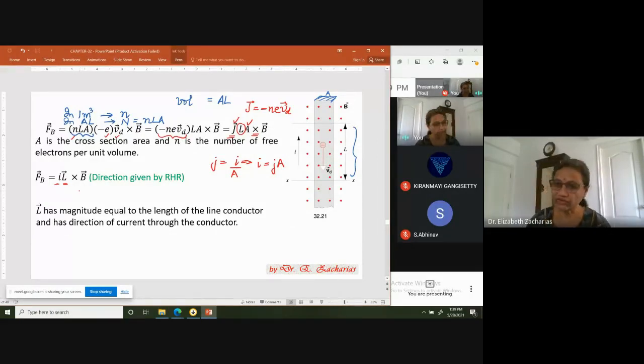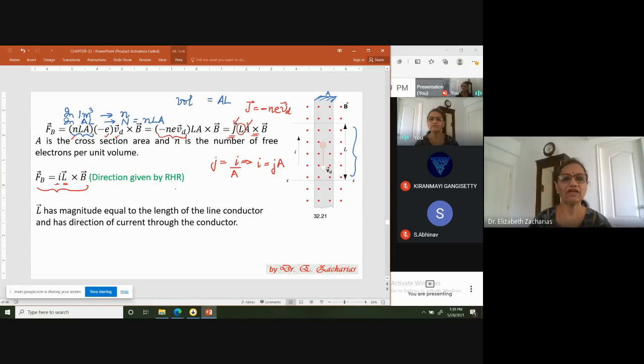So L obviously will have the direction of current, because after all, J has given its directional property to L. Therefore, L is going to have the direction of current or current density. Therefore, you get the final expression for FB as IL cross B, where L is the direction of the current or current density and B is the direction of the magnetic field.